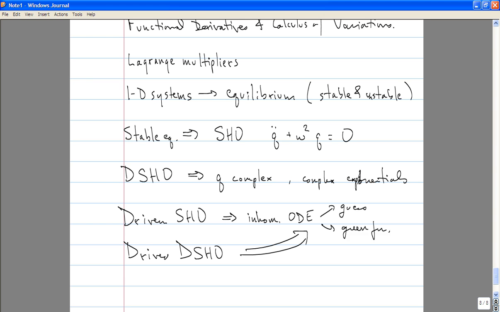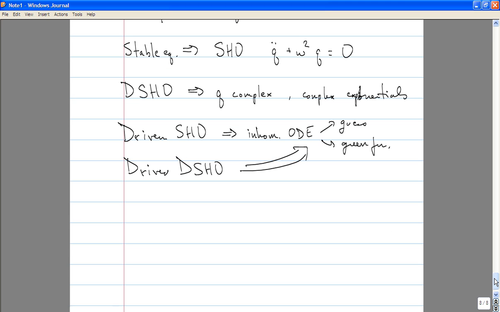Finally, having dispensed with the harmonic oscillator and all of its variations, we considered the generic one-dimensional system, and we saw that there is an analytic expression for the solution of a generic one-dimensional system.